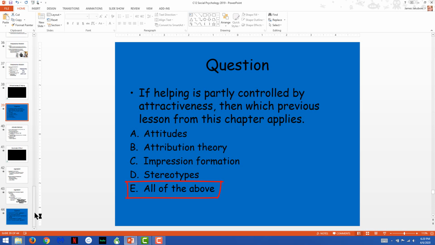Instead, you're looking at the entire combination of all things from the brain. In a scenario like that, all of the previous lessons from this social psychology chapter apply, and so they all come to bear on this one particular event. So to take it as one simple answer that, why the men helped as just one thing is absolutely not correct.